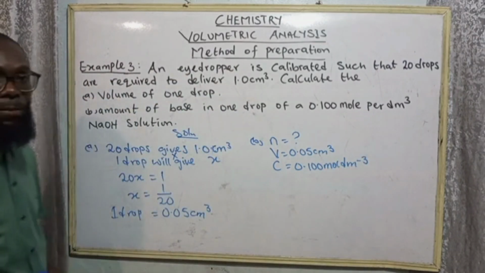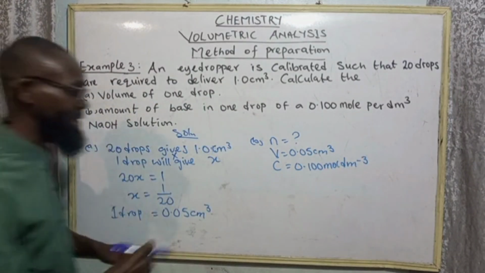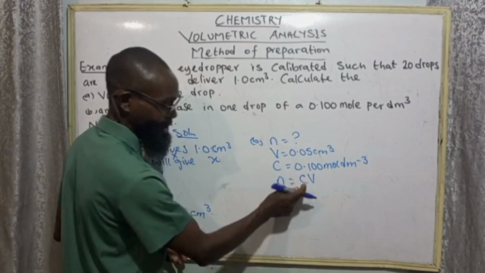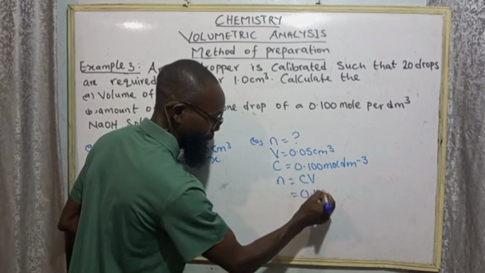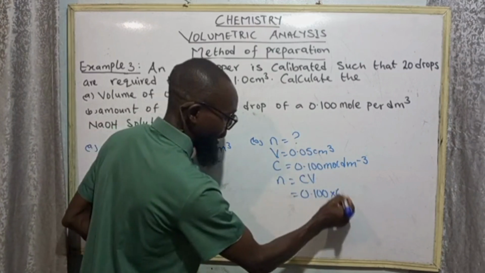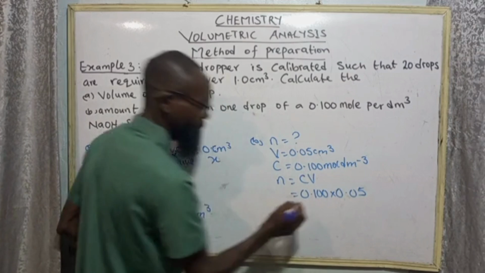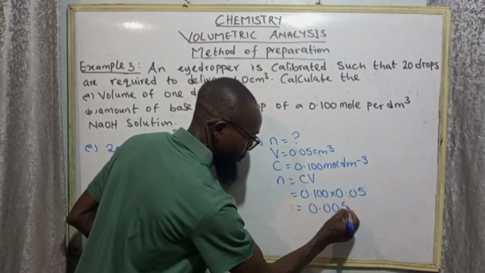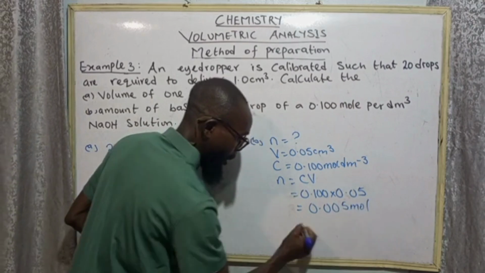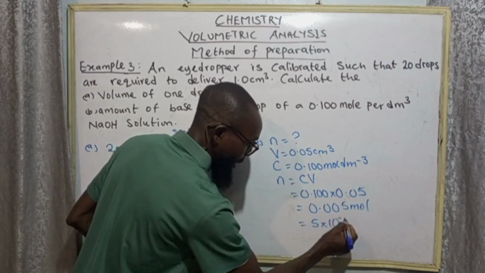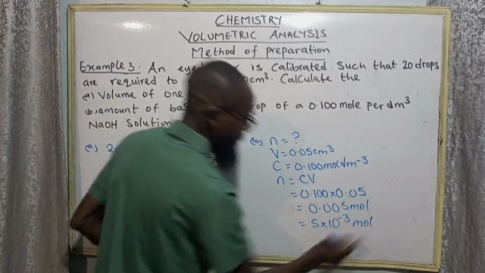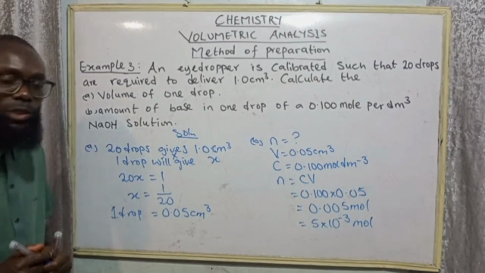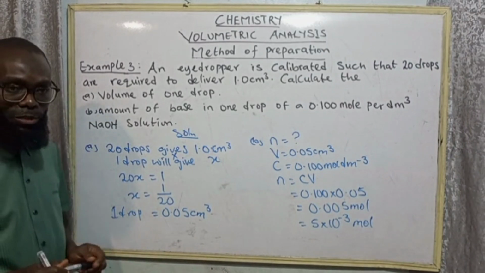So in this case, we can get our amount from our previous formula that says n equals CV. Then our concentration is 0.100 and our volume is 0.05. So when we multiply, what do we have? 0.005 mole, or 5 multiplied by 10 raised to the power minus 3 mole. So this is how to do a simple calculation using a weighing method.